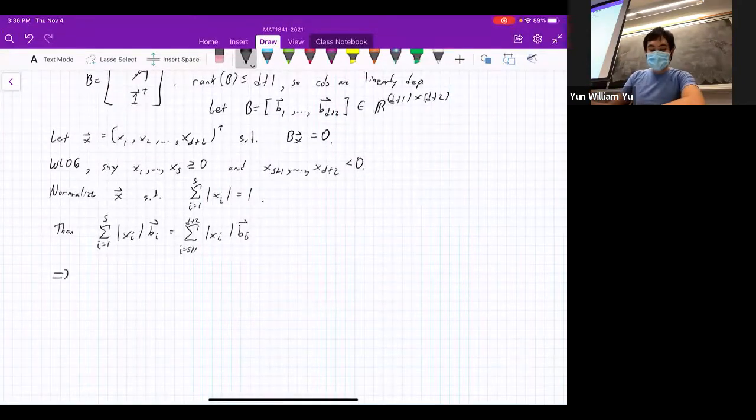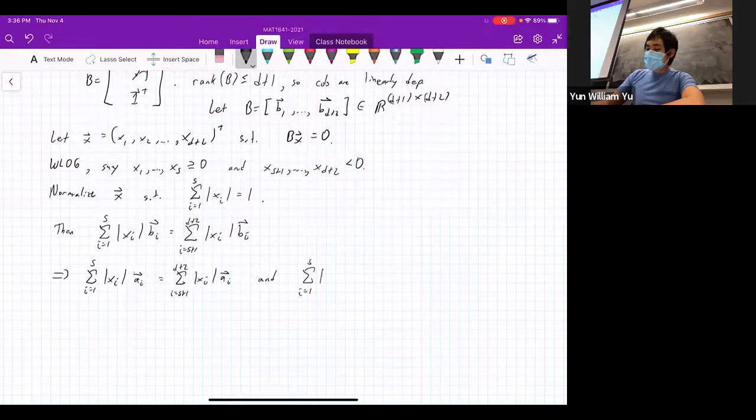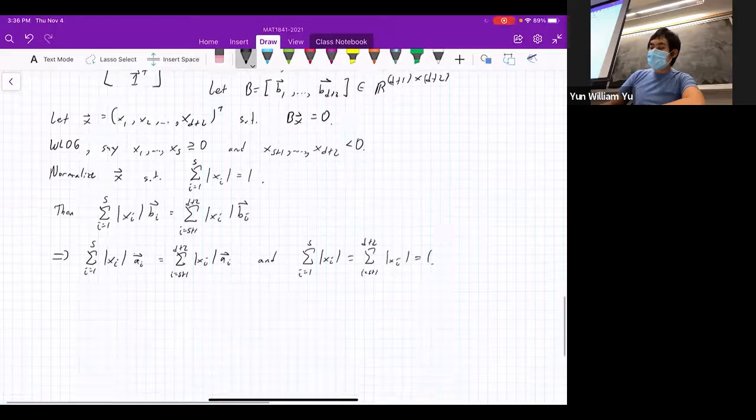But if this is true, this implies that the sum from i equals 1 to S of xi ai is equal to the sum from i equals S+1 to D+2 of xi ai. And we know that the sum over i equals 1 to S of our xi's is equal to the sum over i equals S+1 to D+2 of our xi's, which is equal to 1 by our normalization.